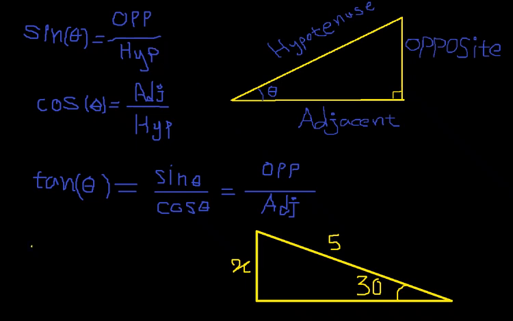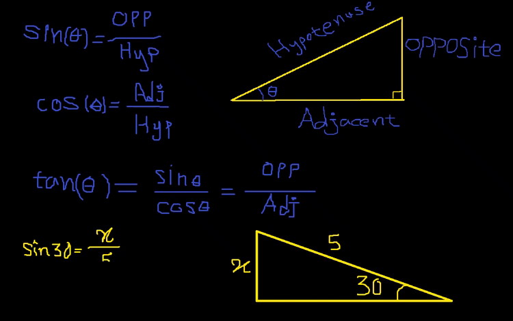So sine of 30 degrees would be equal to opposite divided by hypotenuse. Opposite is x, divided by hypotenuse, which is 5 here.